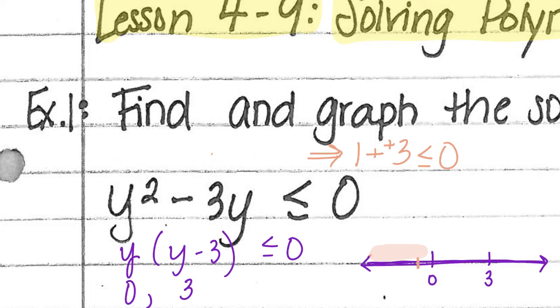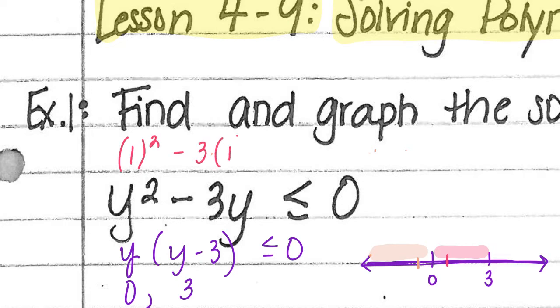All right, so now I'm going to try the next section, from 0 to 3. And I always pick a real easy number. I'm going to pick 1 to plug in because that's going to make my life really easy. Remember, anytime I replace a variable with a number, I'm going to plug it in with parentheses. So 1 squared is 1. Minus 3, is this less than or equal to 0?